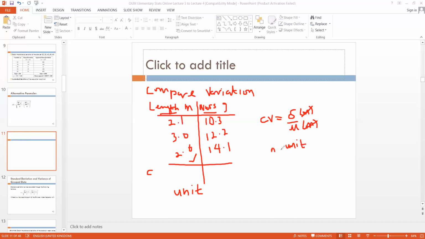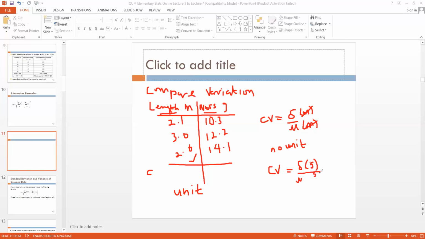The same way, if you find the coefficient of variation for mass, it is sigma over mu, which will be grams over grams.